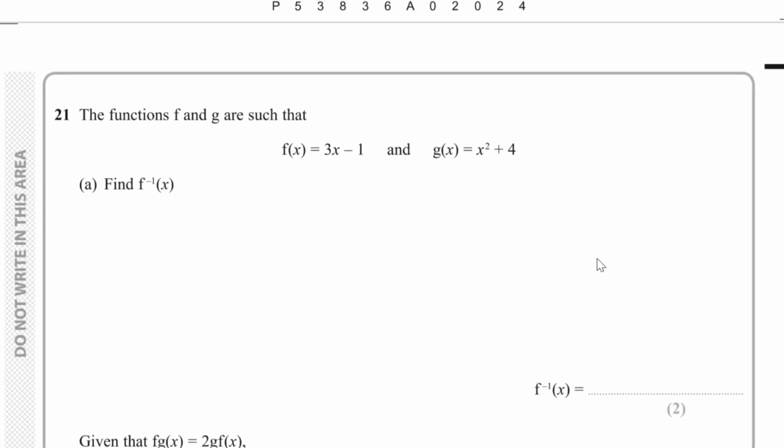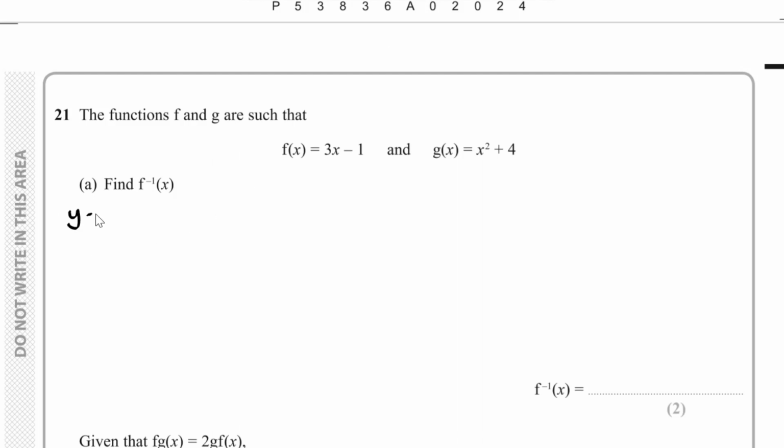Now for question 21, the functions f and g are such that f of x is equal to 3x minus 1 and g of x is equal to x squared plus 4. We have to find the inverse of f. So to find the inverse, we first of all replace the f of x with y.